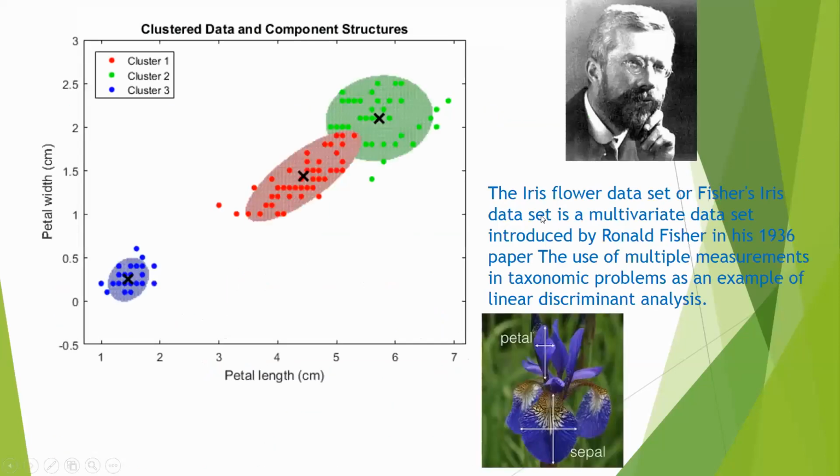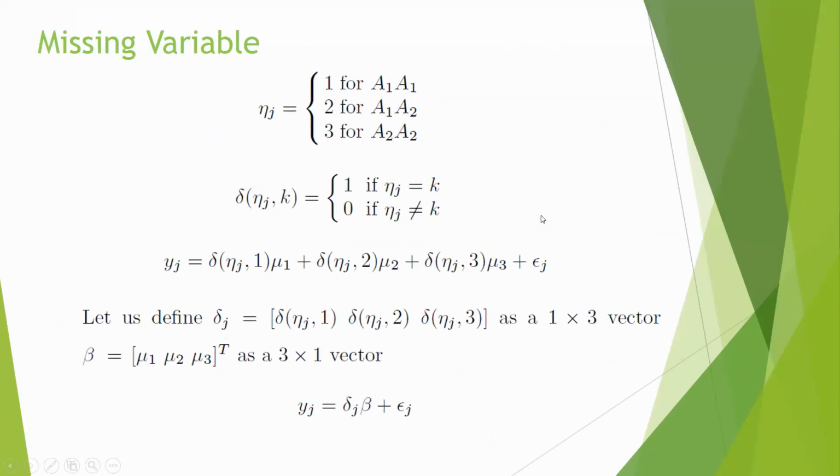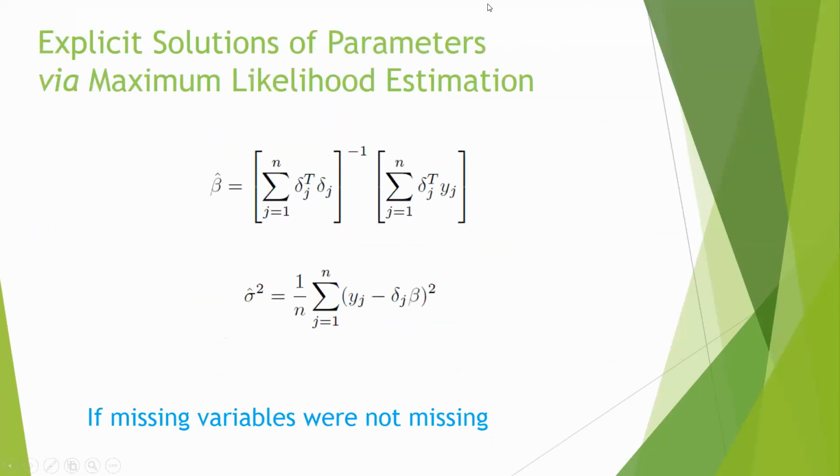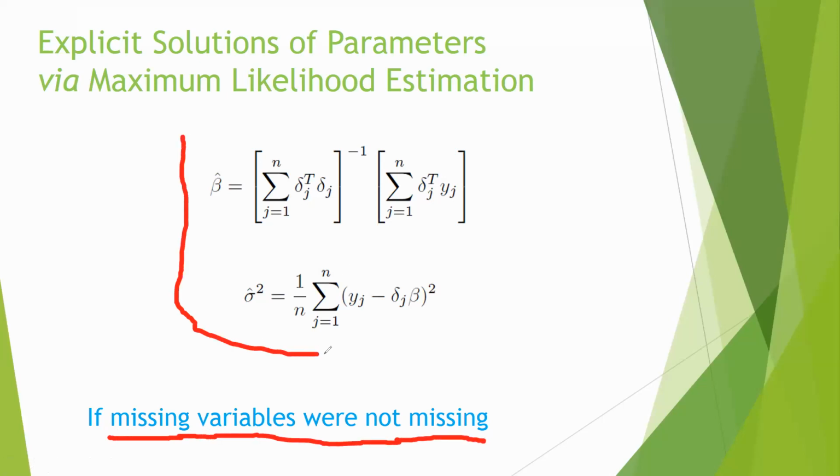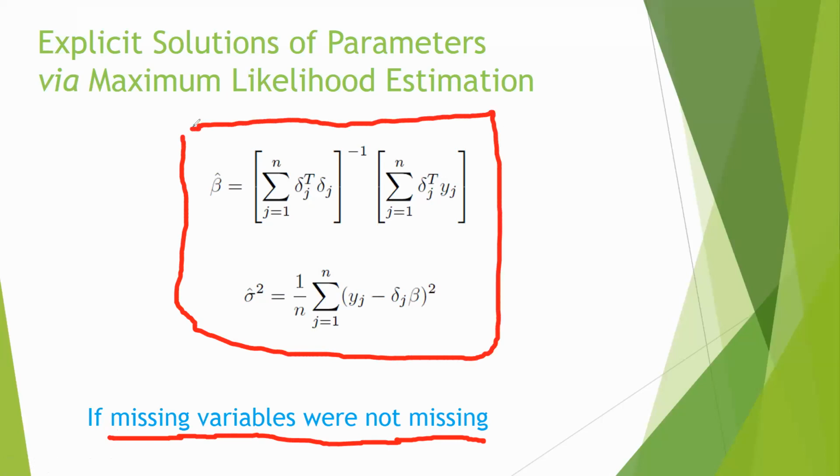So why? Because, all right, this slide. If we do not have a missing problem, if everything is not missing, suppose the missing values were not missing, we can get a very nice closed solution for this, right?